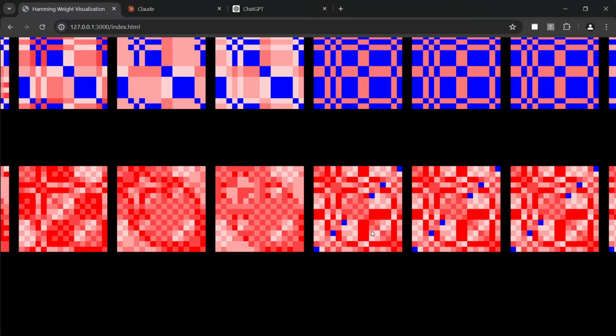I think also what we need is a row with the deltas with respect to the previous layer, because this pair is red, which is supposed to mean that it's more distant than it was when it started.